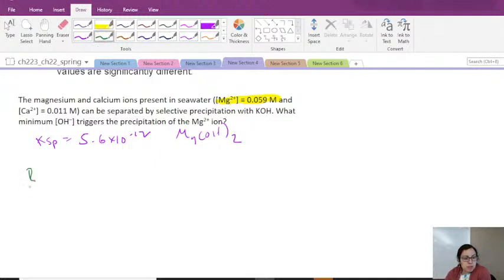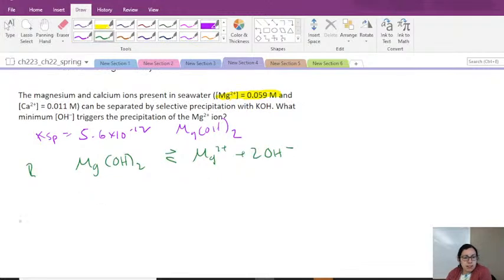So let's write out our reaction then. So we have magnesium hydroxide dissociates to make magnesium plus 2 equivalents of hydroxide. And then let's write our KSP expression. So you have the right idea.